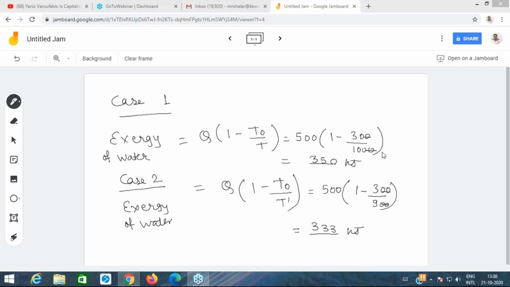So because of irreversible heat transfer, the exergy has been destroyed from 350 kilojoules to 333 kilojoules. Means about 20 kilojoules of exergy has been lost.